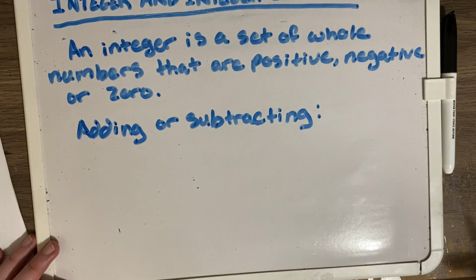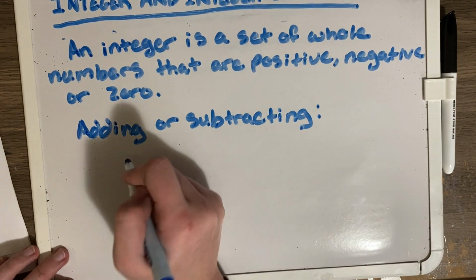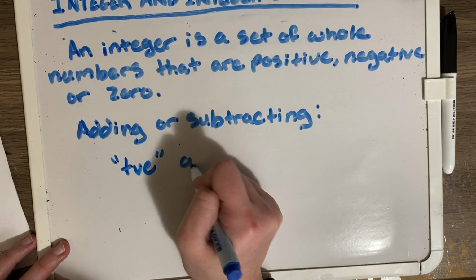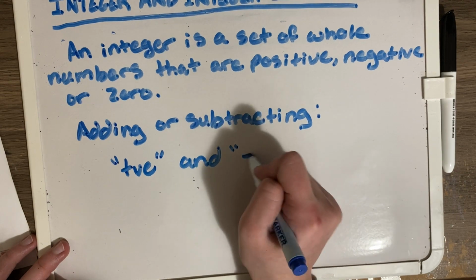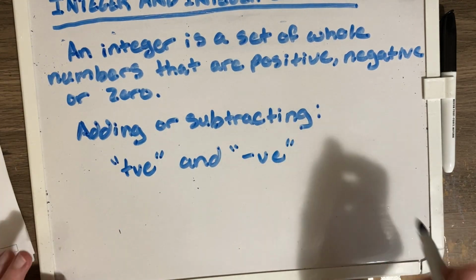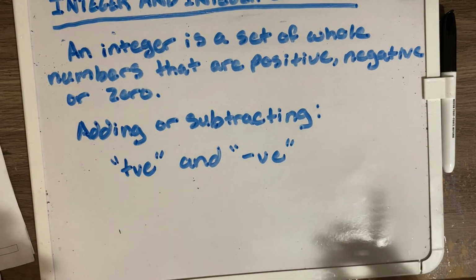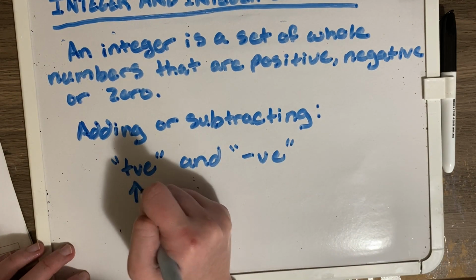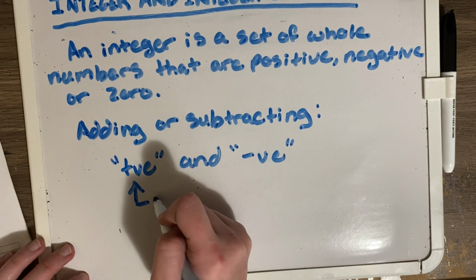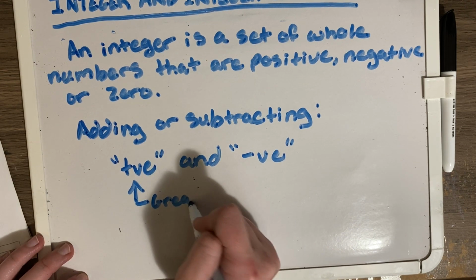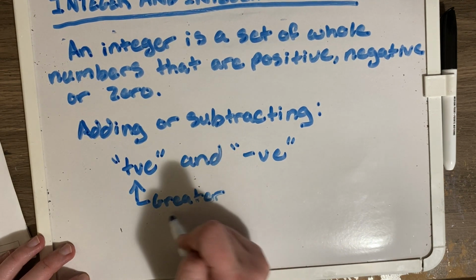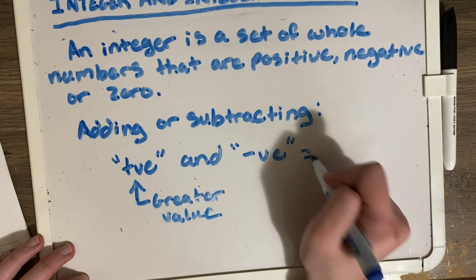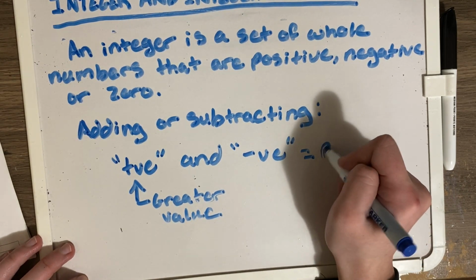Now, the next rule is when we have a positive number and a negative number. There are two outcomes, and it depends on which number has the greatest value in the equation. Let's say the positive number has the greatest value. Then the answer is going to be positive.